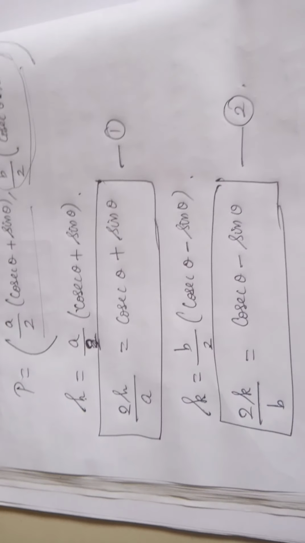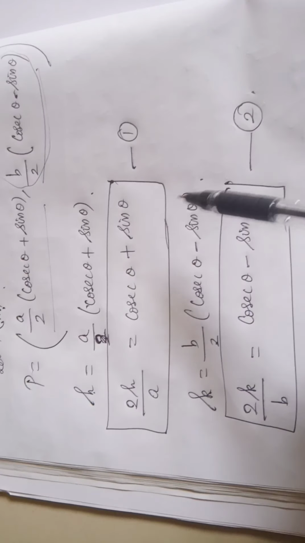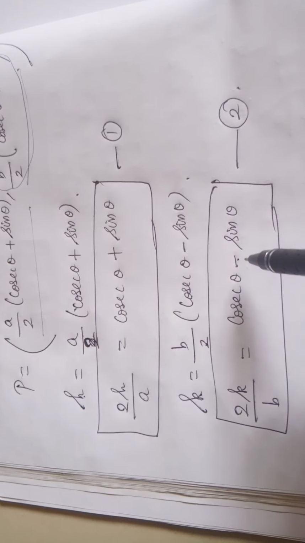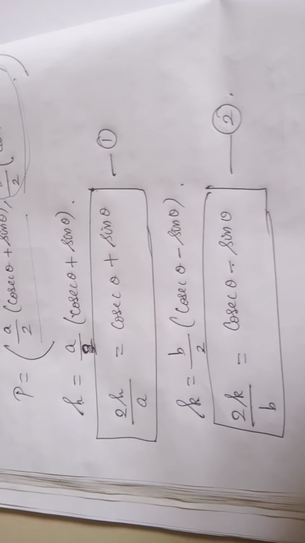Now here plus is there, and here minus is there, so while we are adding, sin θ and sin θ will get cancelled.